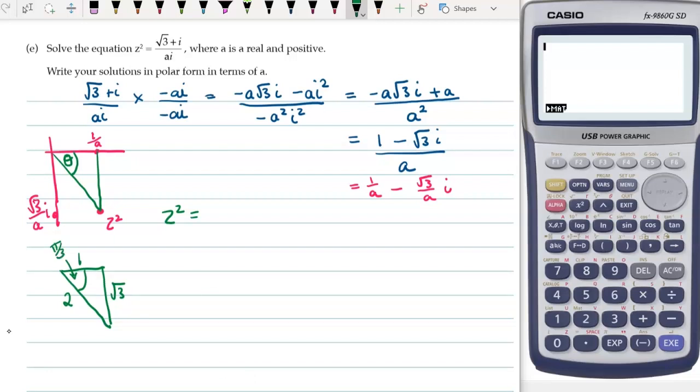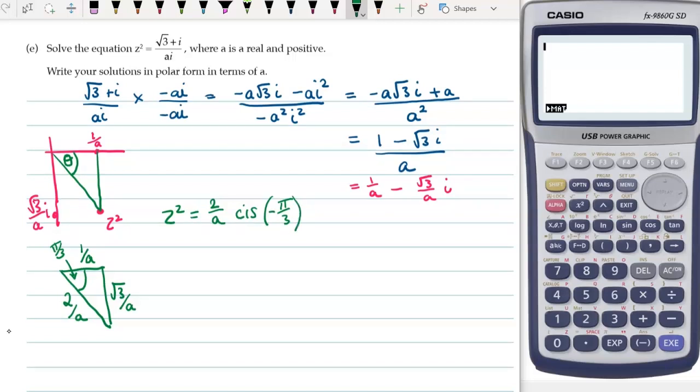Now the triangle that we have exactly is actually 1 over a, root 3 over a, which makes the hypotenuse 2 over a. So our modulus is 2 over a, and the angle is pi by 3, but it's in the negative direction around here, so it's a negative pi by 3.